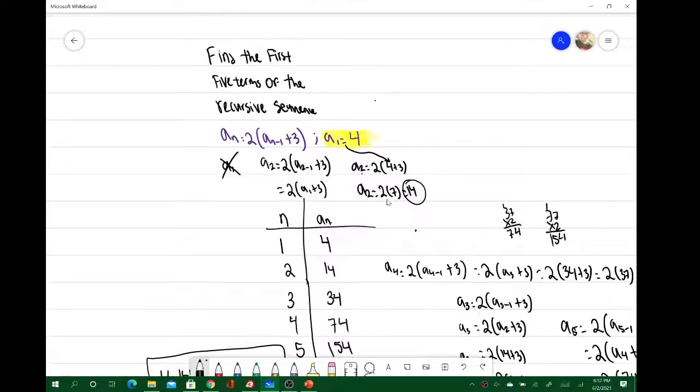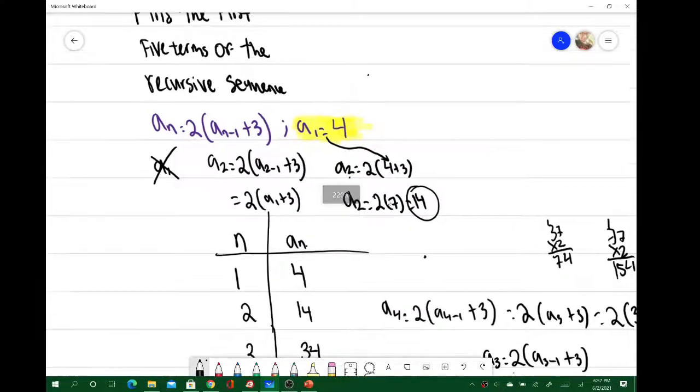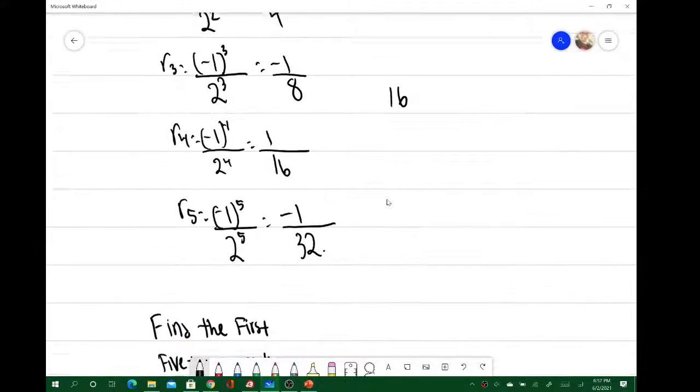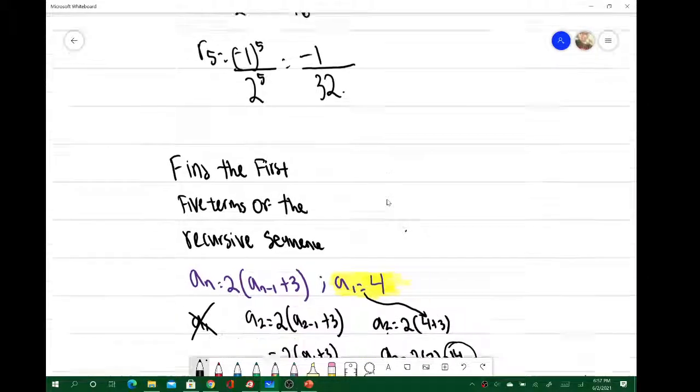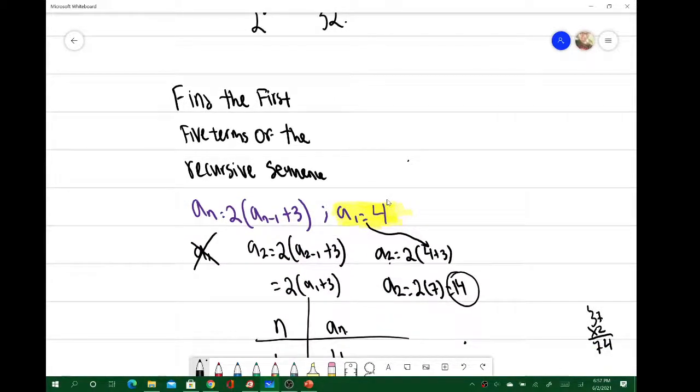It's a pattern, just like the previous one, except this time it's a recursive sequence, meaning there's going to be an a sub n minus k plus c equals a sub n.